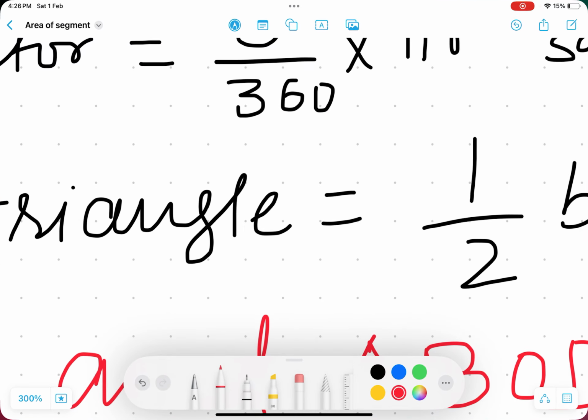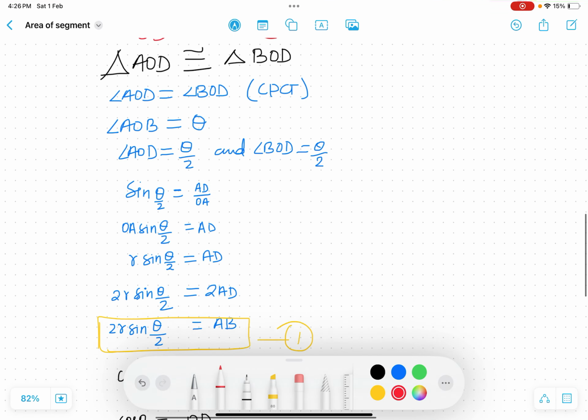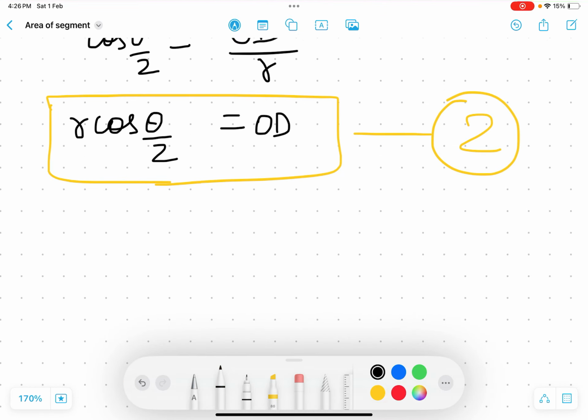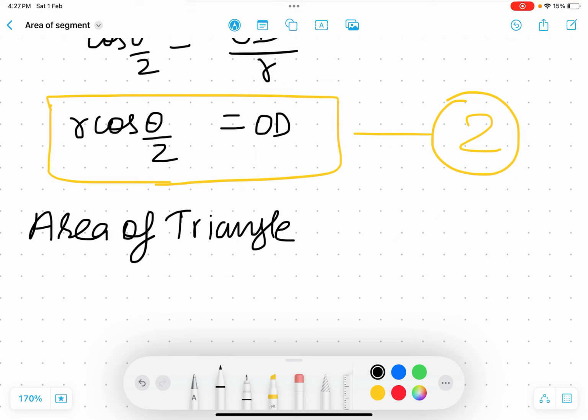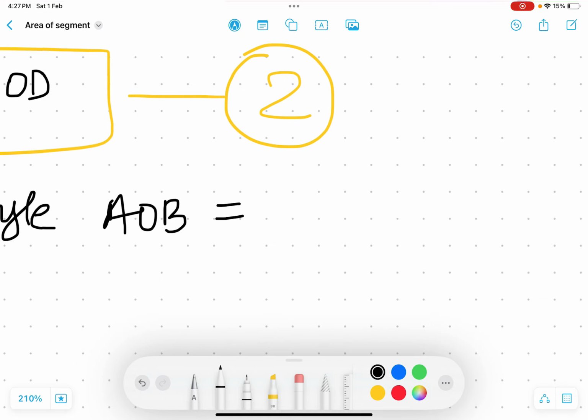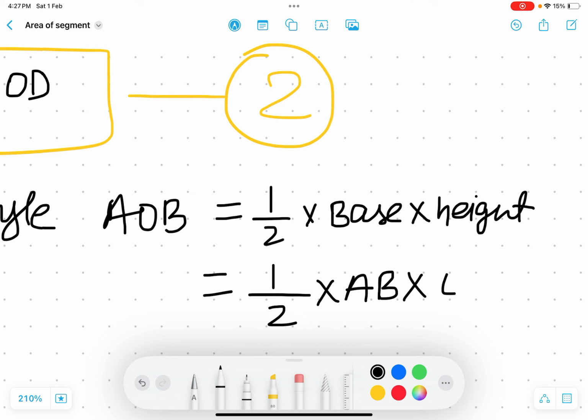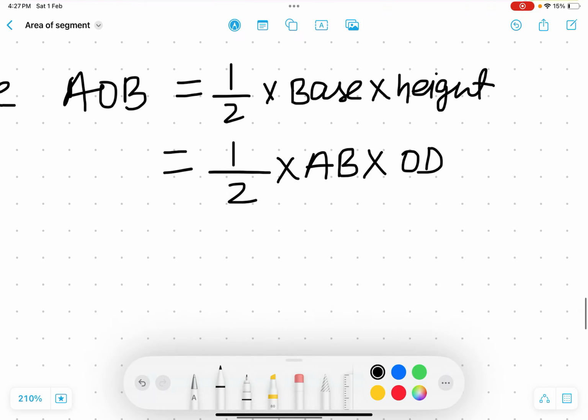Area of triangle AOB is equal to 1 by 2 into base into height. What I told, base is AB, and height is OD. Some square unit.